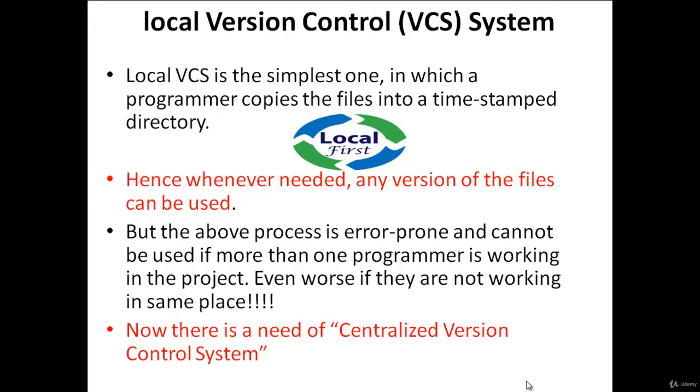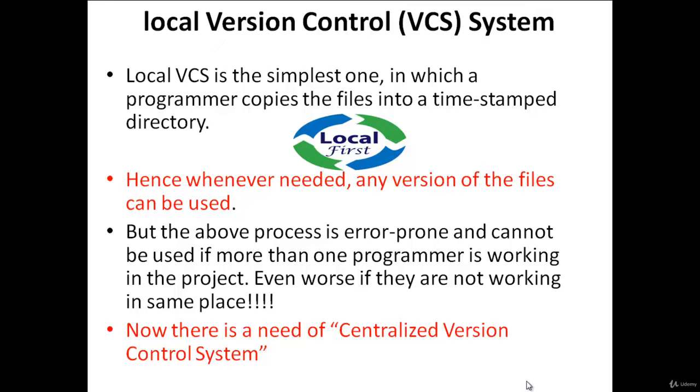Because this system is more error prone, and it is beneficial for a single programmer. If lots of people are involved in the project and are trying to manage this sort of system, that is not feasible, right?